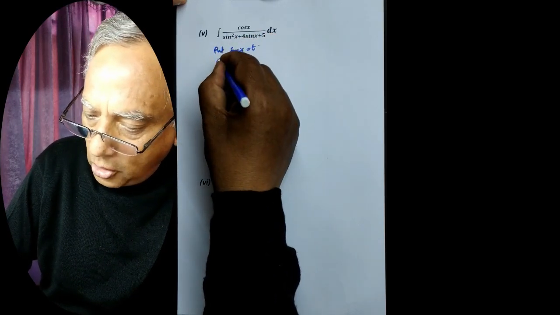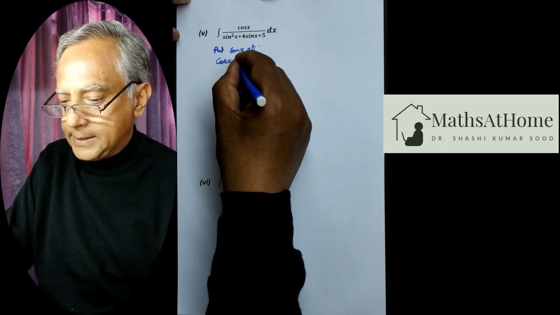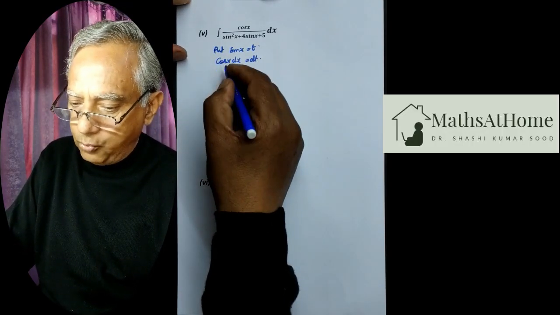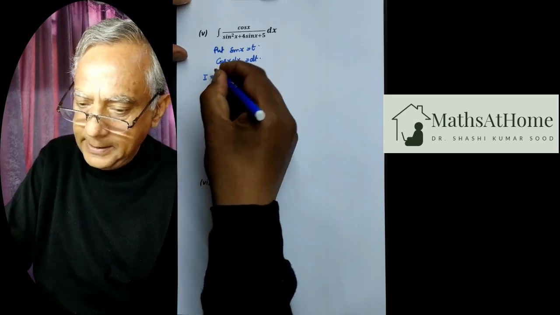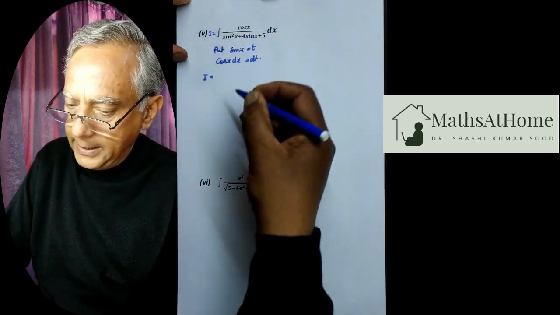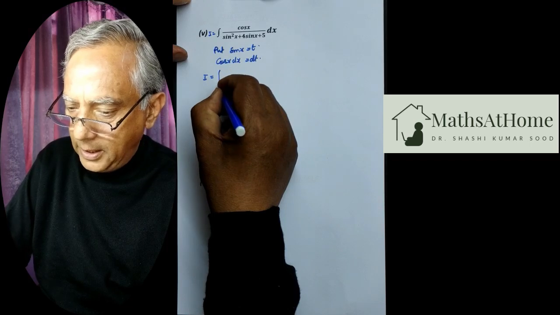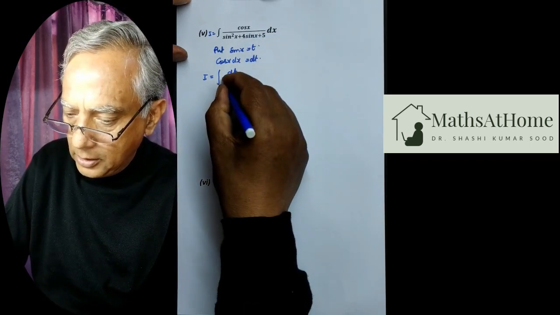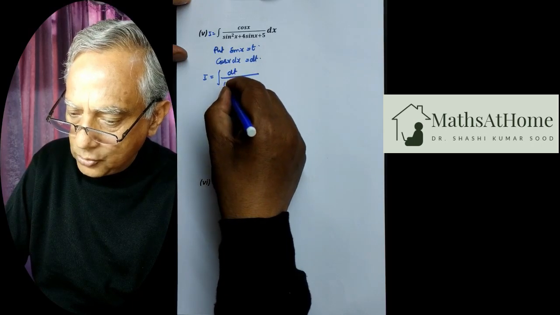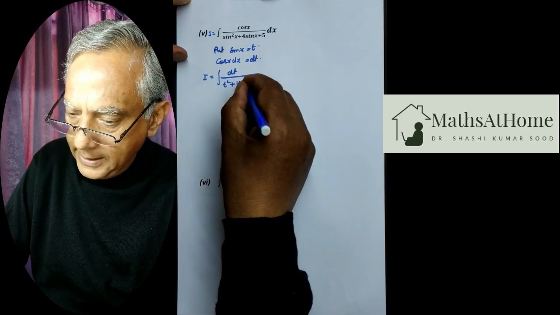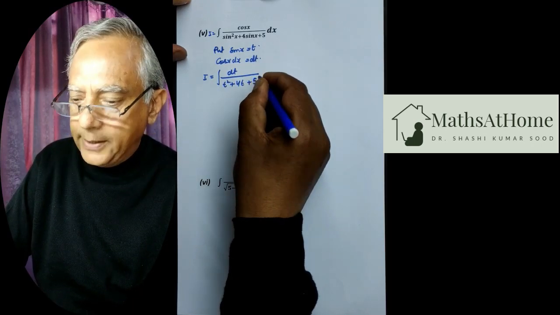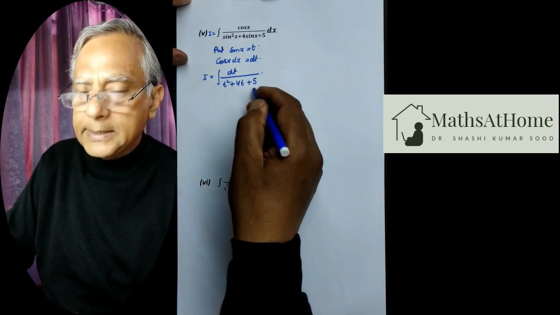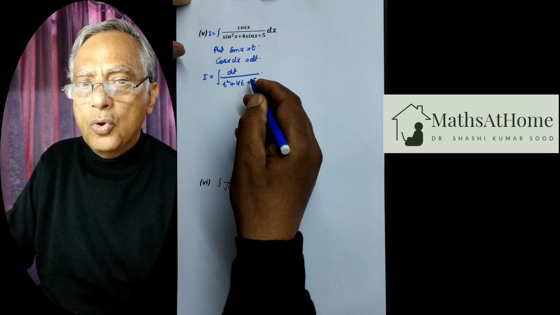So cos x dx is equal to dt, and therefore if we denote this by I, this is equal to integral dt over t square plus 4t plus 5. Now we write this as sum or difference of two squares.